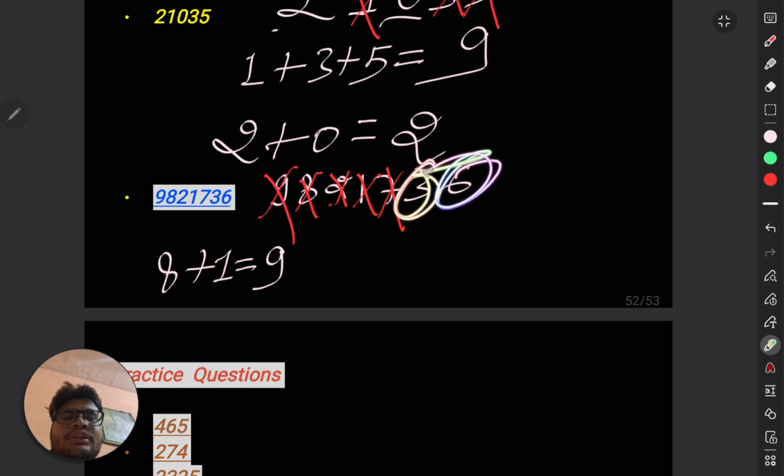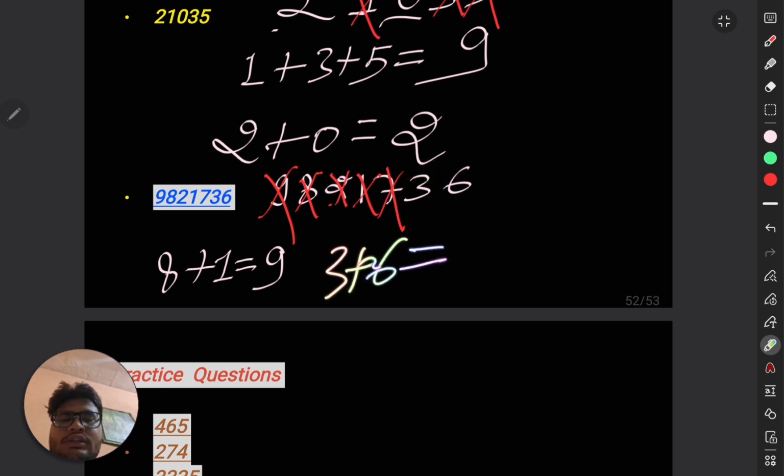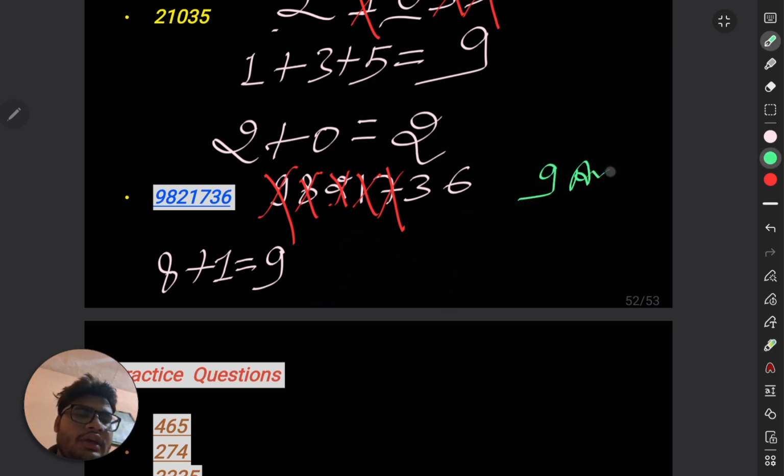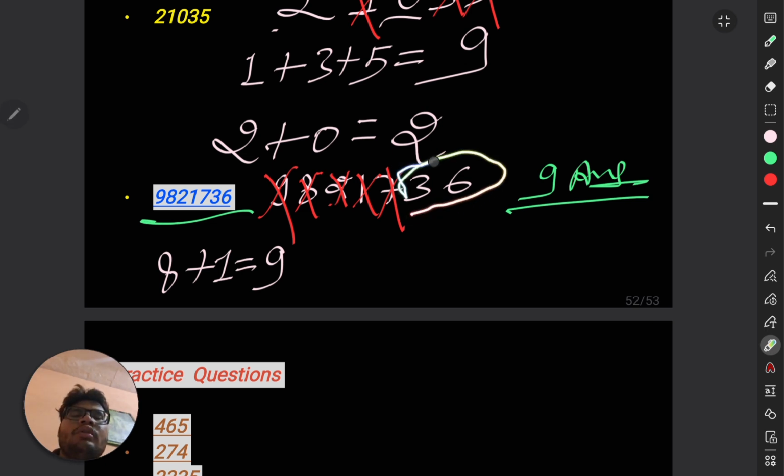Okay, when we add these numbers 3 plus 6, 3 plus 6 will be 9, so 9 also will be the answer. Here I am writing this answer 9. The sum of this number will be 9. Another answer will be here, okay. If you want to cast out, when we add up figures in any number, then on finding the sum of that number, we will cast out those figures.